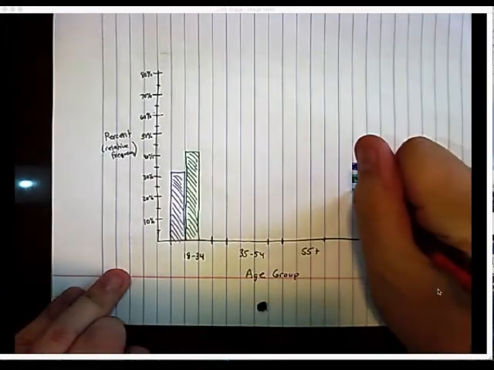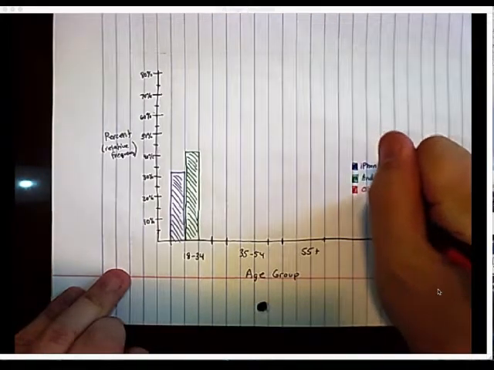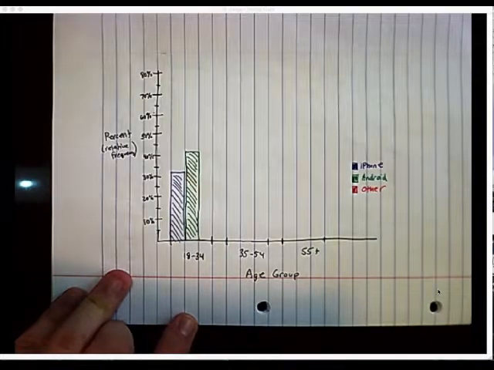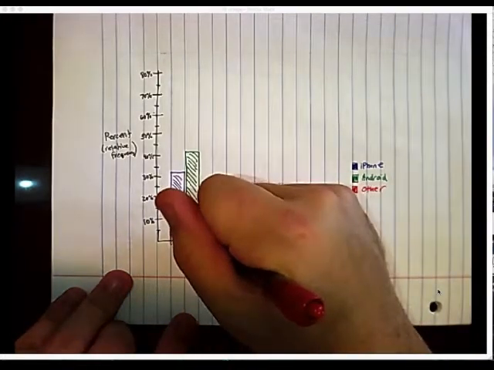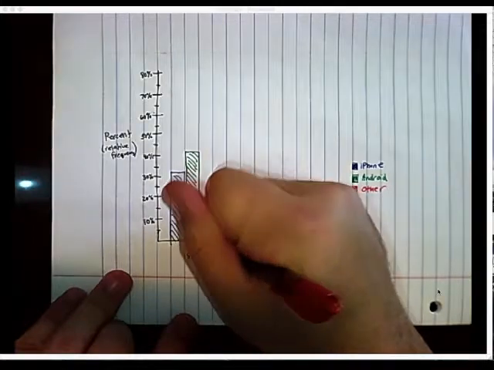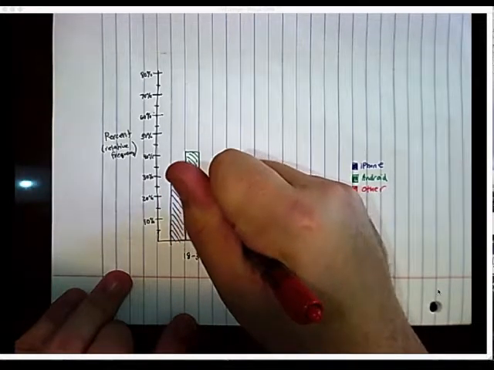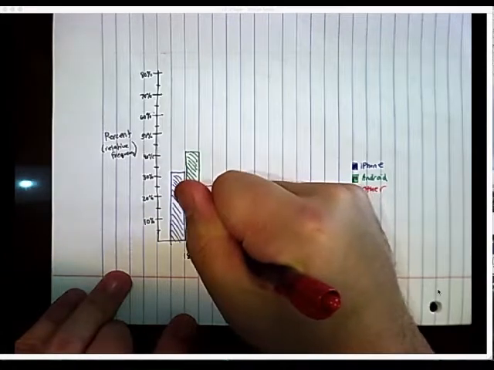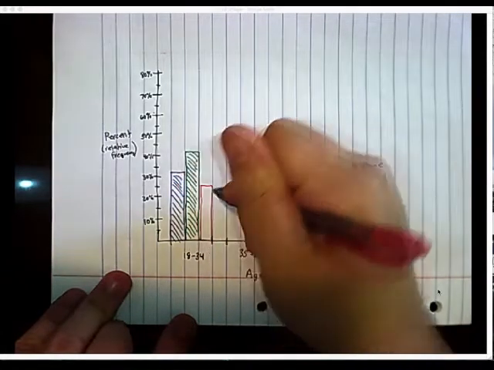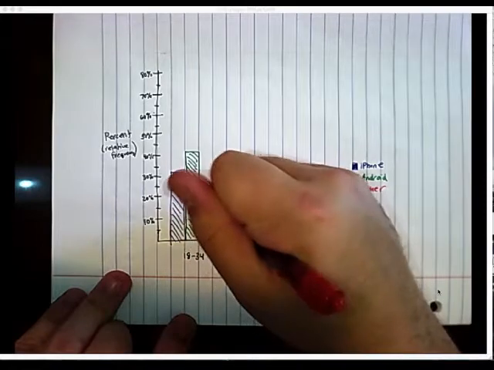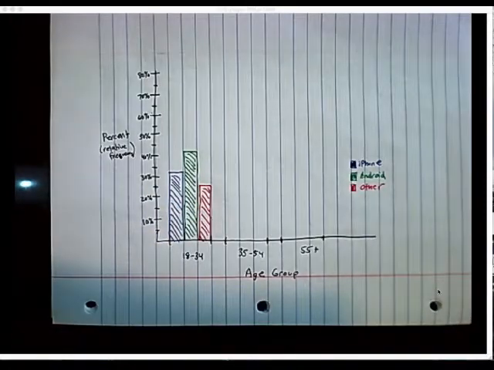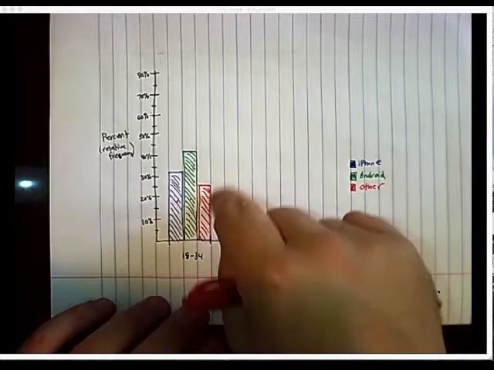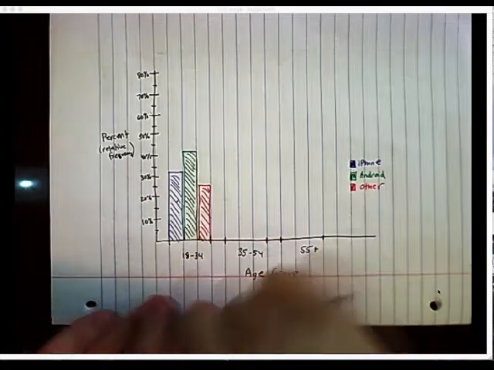And in red, I'm going to do other. That's 25.92 in the 18 to 34-year-olds, so that might be about right there. These three bars add up to 100% because it makes up 100% of the 18 to 34-year-olds.